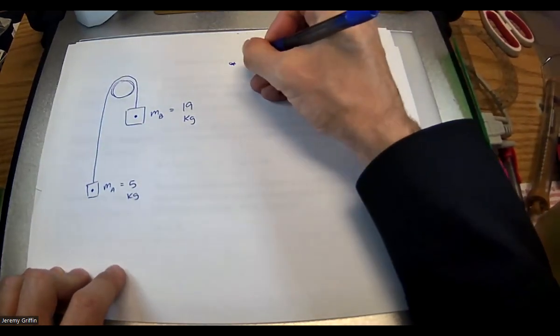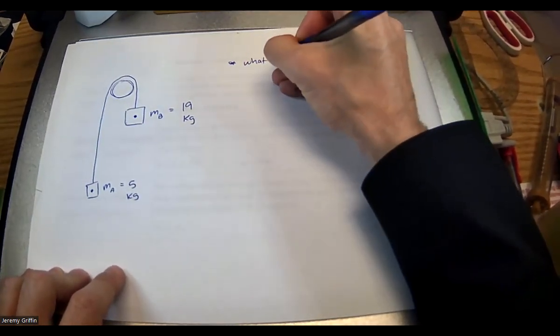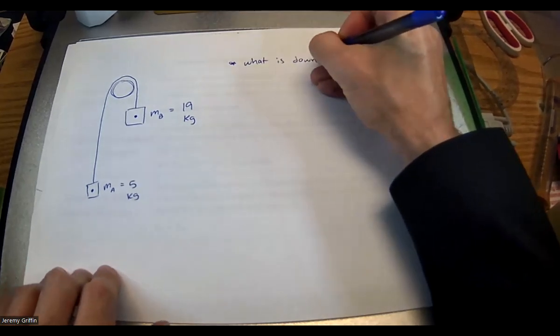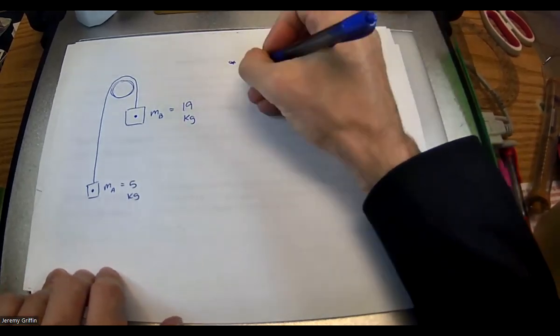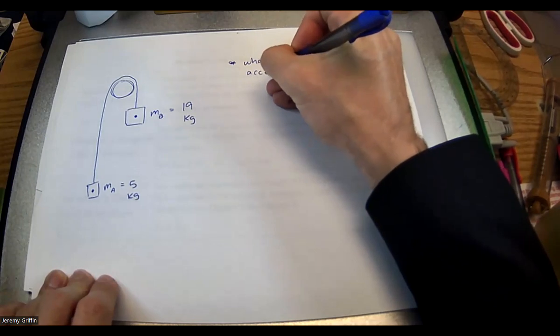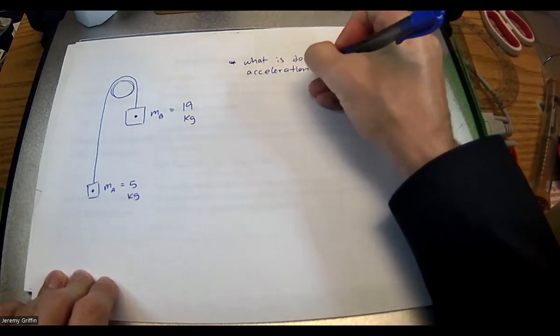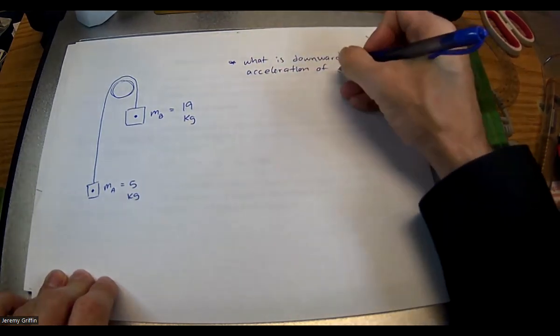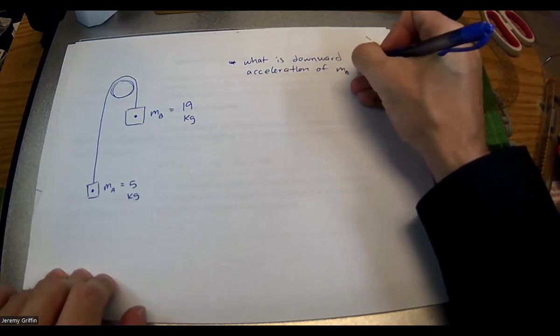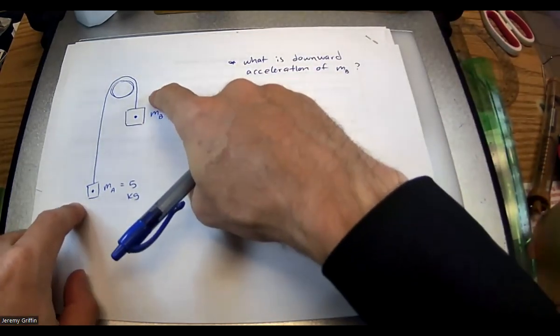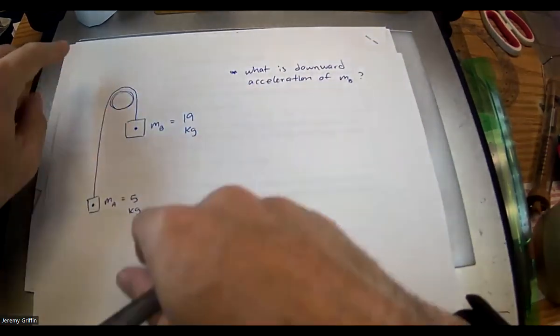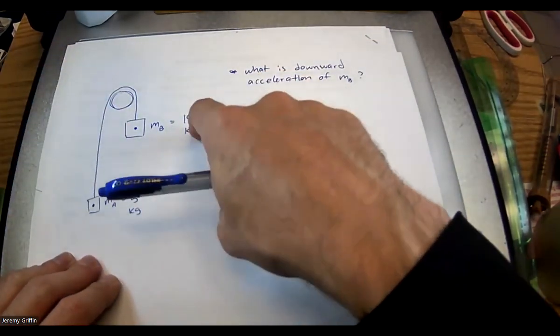I might want to know what is the downward acceleration of mass B, the large mass. So this whole thing is going to accelerate clockwise. What's the downward acceleration of this guy?